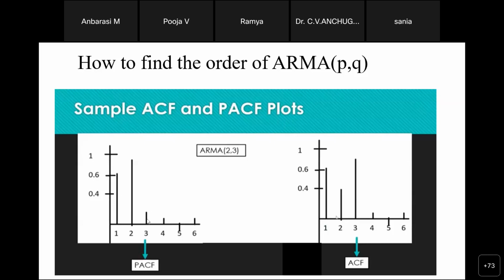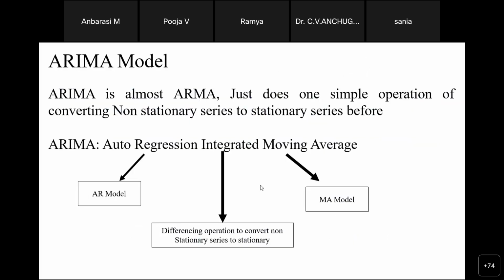So based on the autocorrelation function and the partial autocorrelation function, we find the order of the ARMA model, which is represented as P and Q. P is the autoregressive model order, and Q is the moving average model order. This is how we find the order.